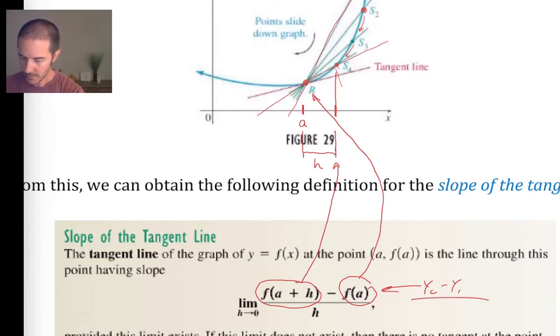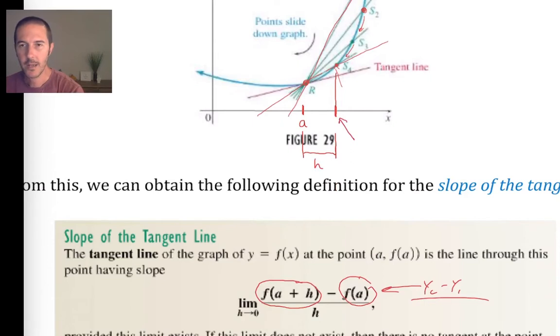Now if the difference between our x values is h, then the x-coordinate of our secondary point is the x-coordinate of point R plus that difference of h.